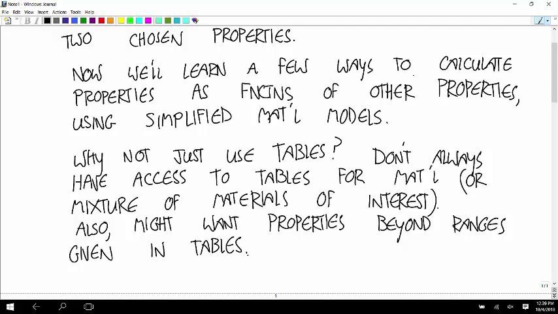Later on, toward the very end of the class, we're going to talk about more complicated relationships, and we'll actually talk about the relationships that people use to construct those tables.